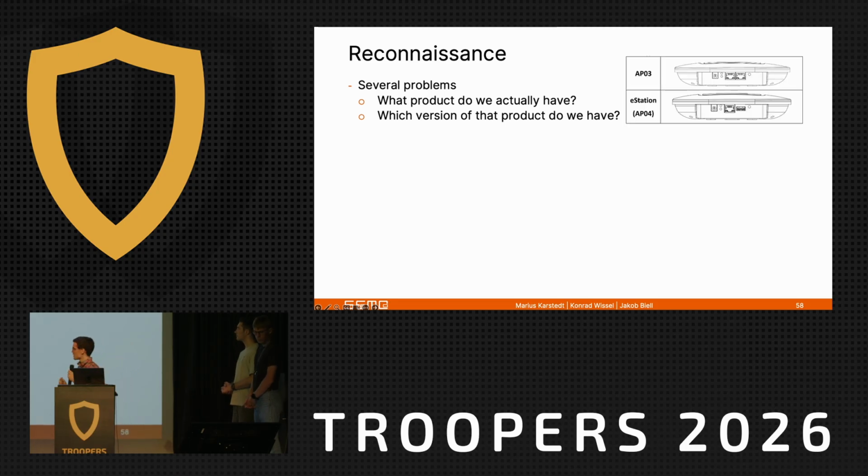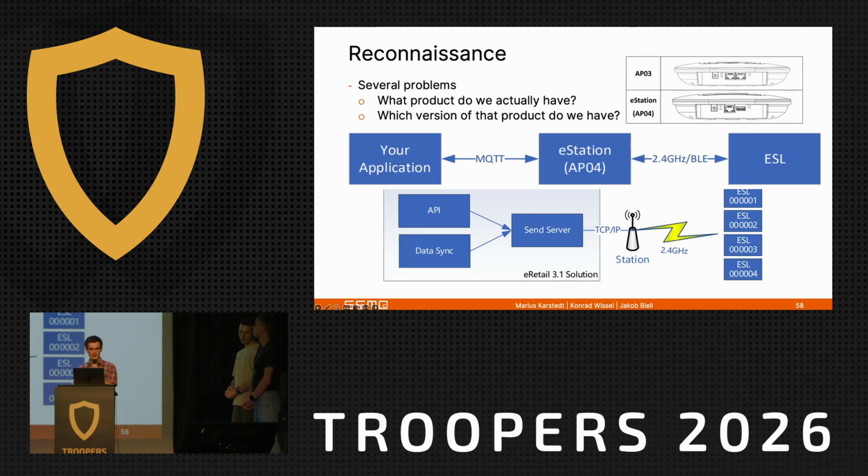So the first puzzle we needed to solve is which access point do we actually have, and we found that we are probably dealing with the eStation AP04 or later from a version perspective, because the back of the access point changed there, but it's still not a lot. With that, we could look at more documentation and see the protocol in those diagrams.